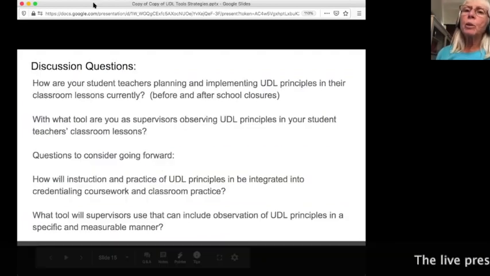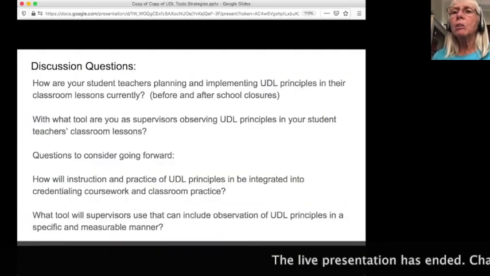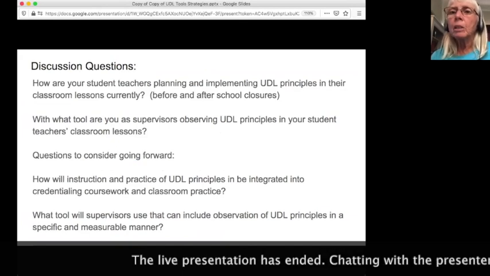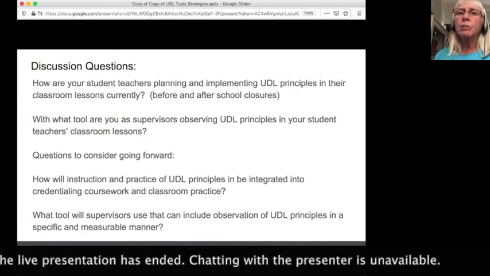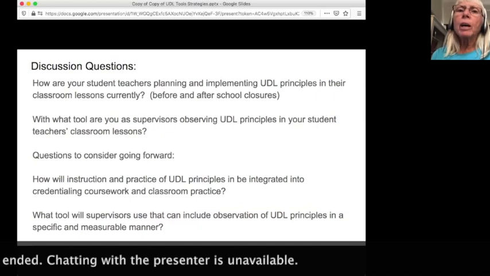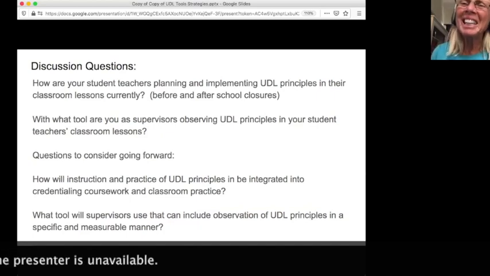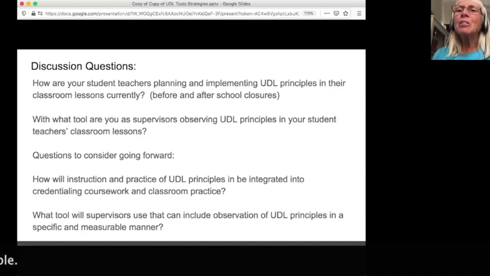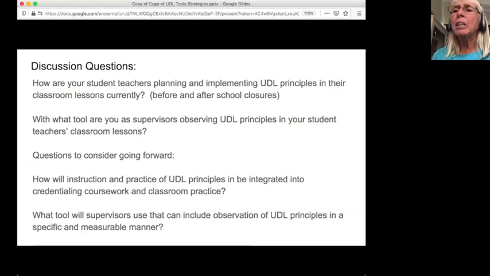And then, second to last slide, are discussion questions that I hope maybe we could address in whatever form, Evelyn, you might feel is good for that. I know we're only supposed to put two, but the first one is, how are your student teachers planning and implementing UDL principles in their lessons currently? So what are they doing now? Because maybe we need to find out what that is. And then what tool are we using now?